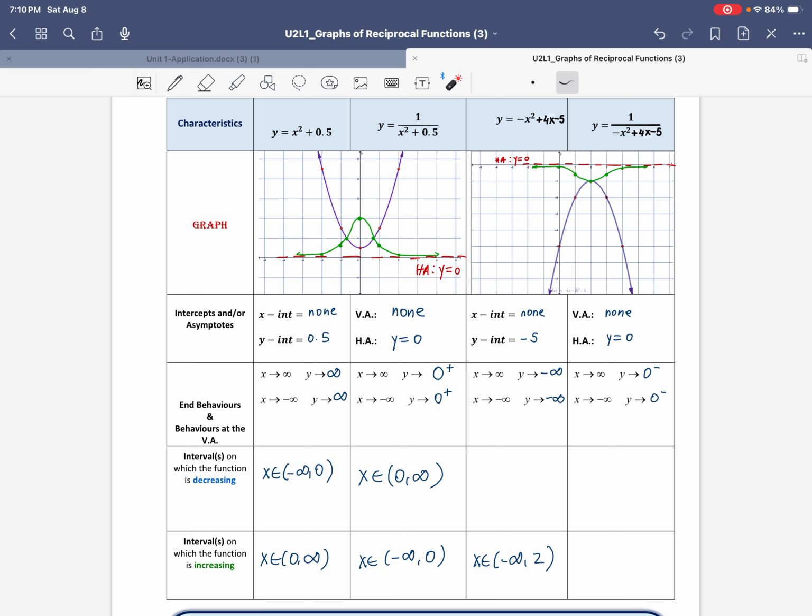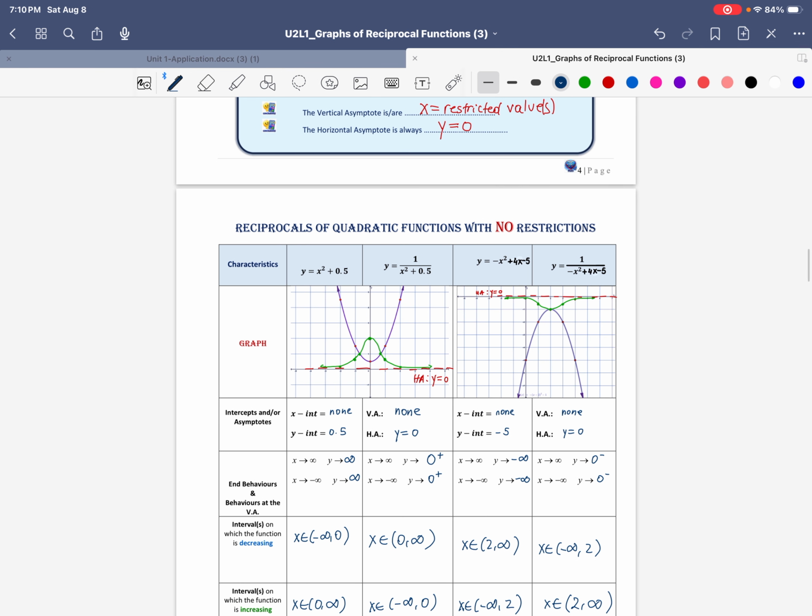And the graph of the reciprocal is decreasing. So we're going to write it right here. And if the parabola is decreasing from 2 to infinity, the reciprocal of the parabola will be increasing from 2 to infinity.